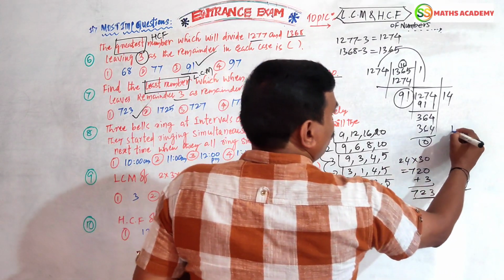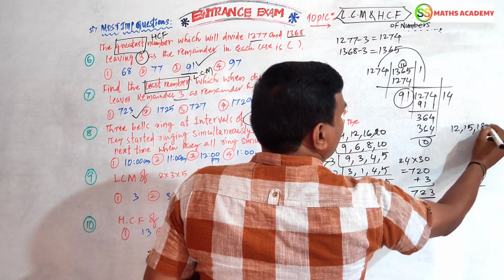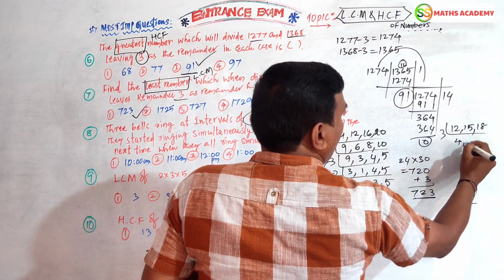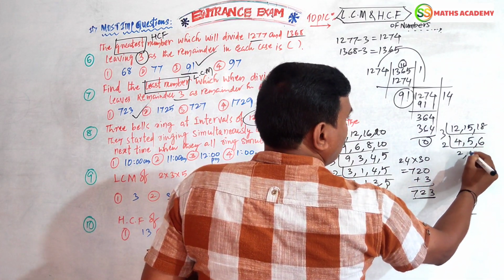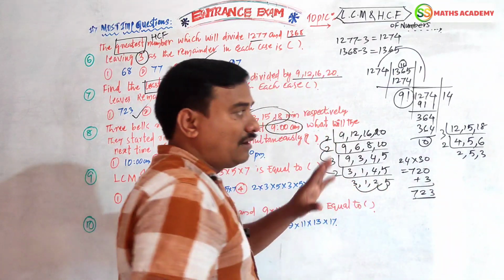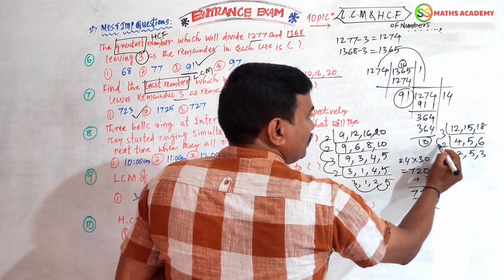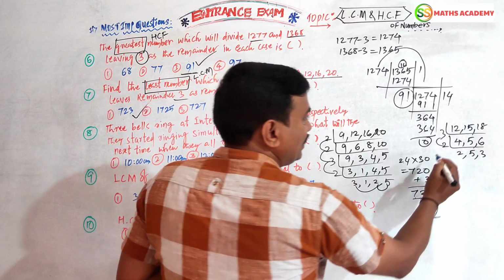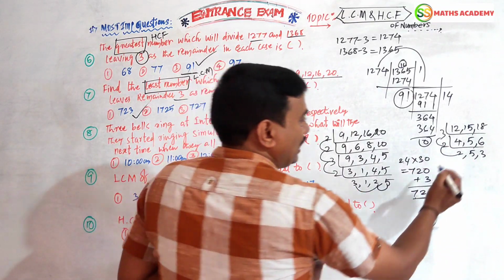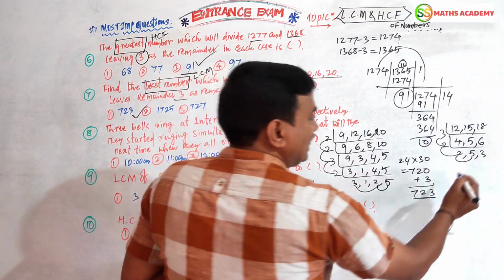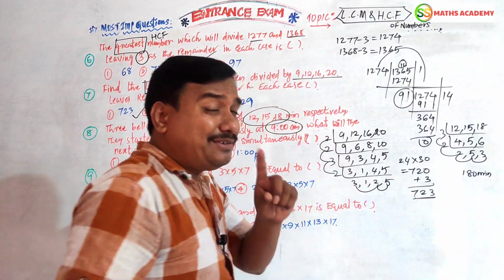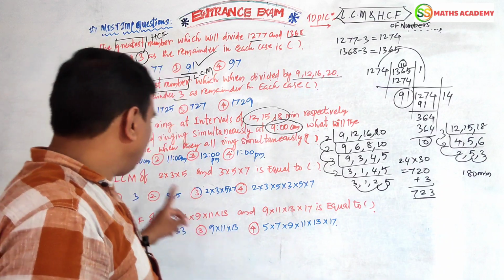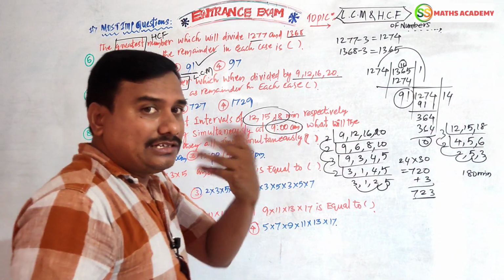LCM of 12, 15, 18. 3 4s are 12, 3 5s are 15, 3 6s are 18. 2 2s are 4, 5 not possible, 2 3s are 6. All are prime numbers. 3 2s are 6, 6 2s are 12, 12 5s are 60, 60 3s are 180 minutes. 180 minutes should be converted into hours, because your question is given in hours, not in minutes.